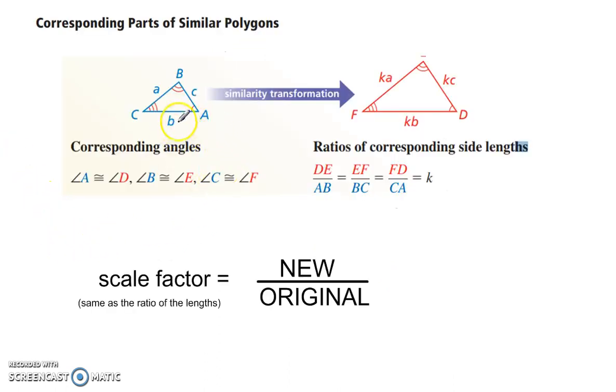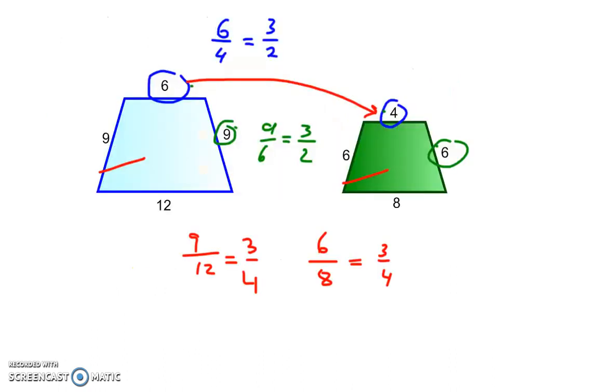Alright, so corresponding parts in polygons: corresponding angles are congruent, and the side lengths form ratios that are equal. And now the scale factor, what we looked at in the previous one, the scale factor from one to the next.